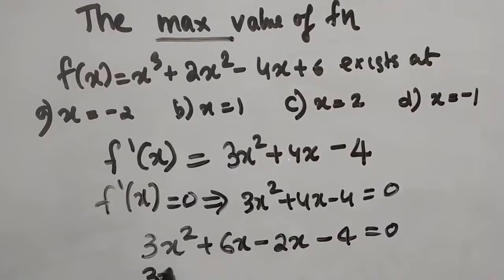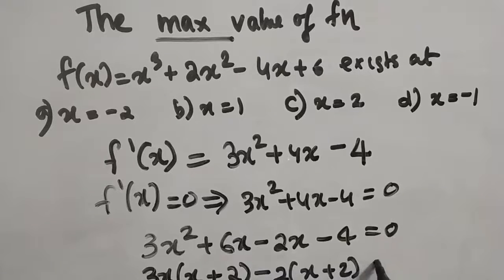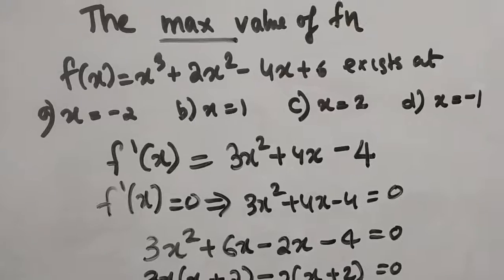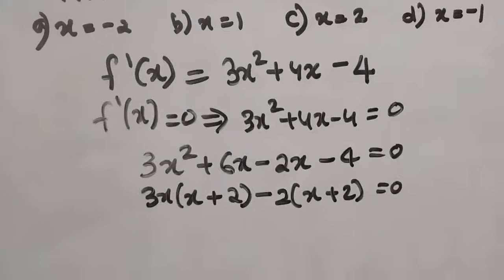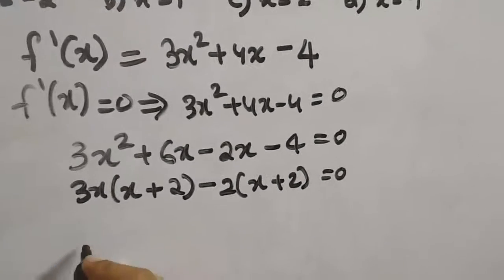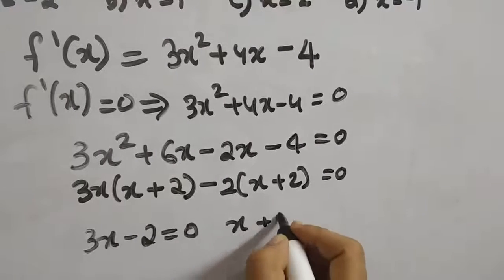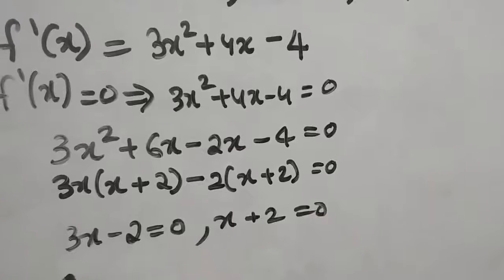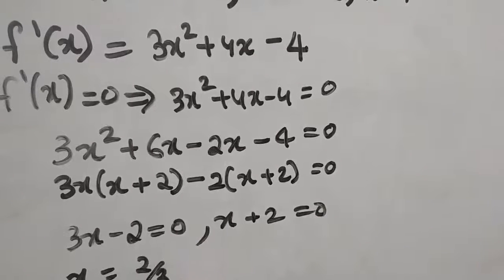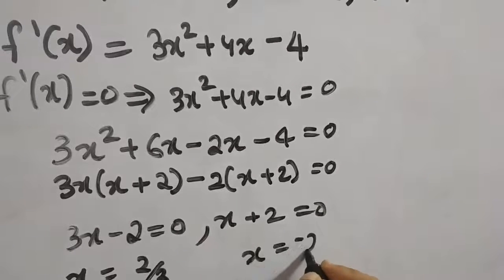So take 3x common, x plus 2 minus 2 common, x plus 2 equal to 0. Now 3x minus 2 equal to 0, x plus 2 equal to 0. So x is equal to 2 by 3, x is equal to minus 2.